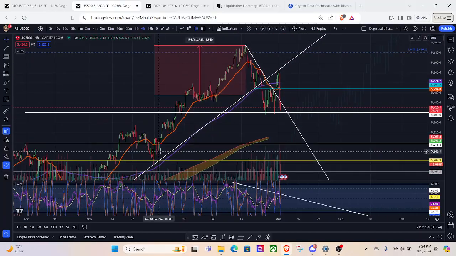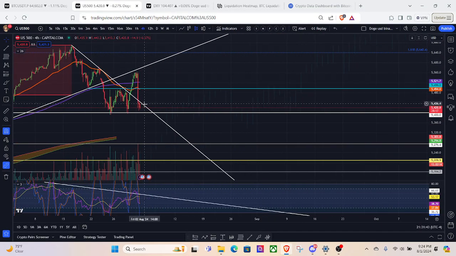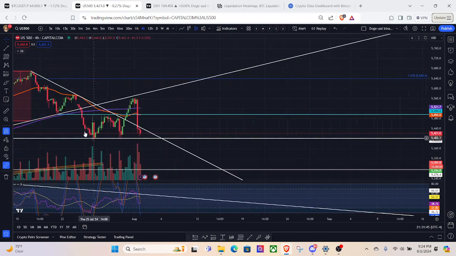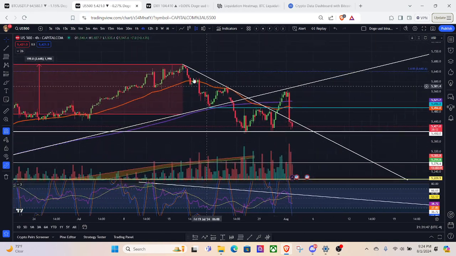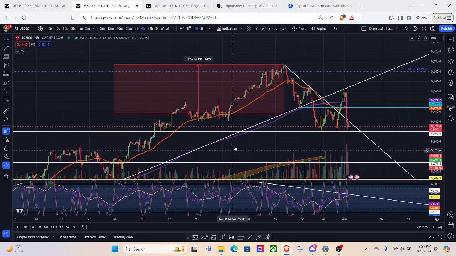This looks like a rejection from the bottom of it, and you've now fallen back below the descending trend line that was acting as resistance. You've fallen back below that after a rejection of the bottom of the trend line that was acting as support for a while.